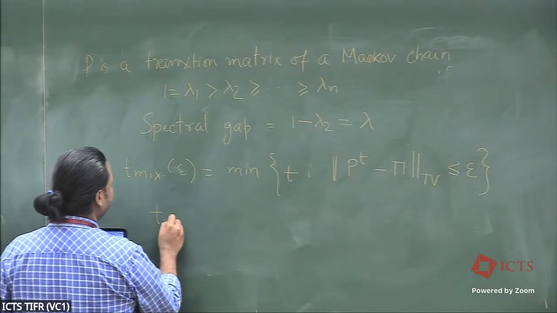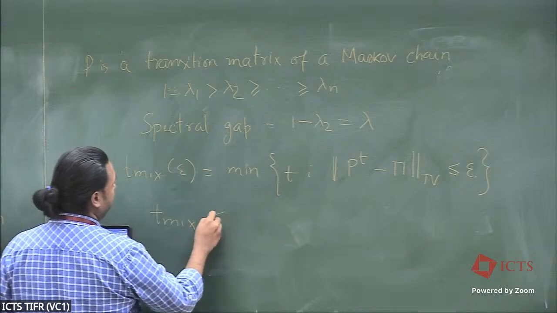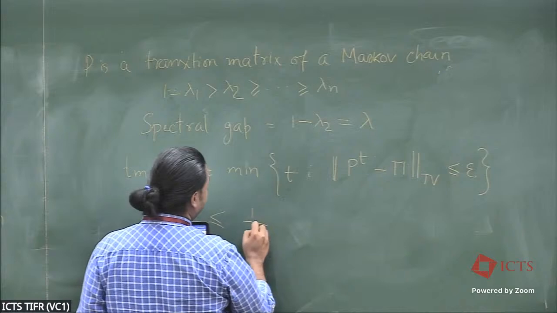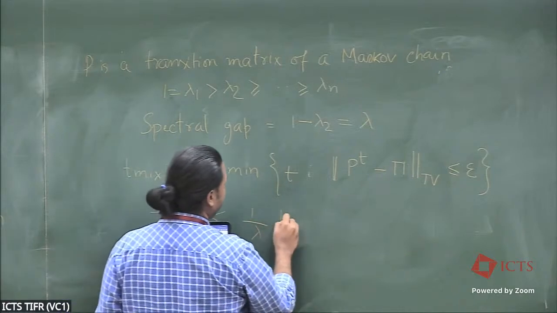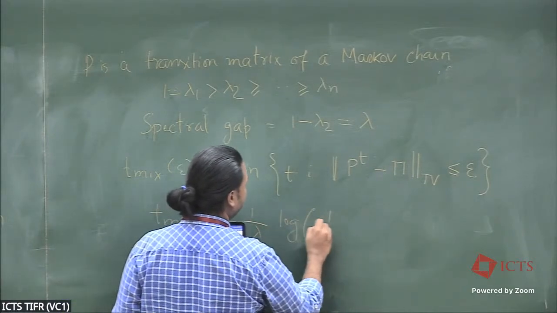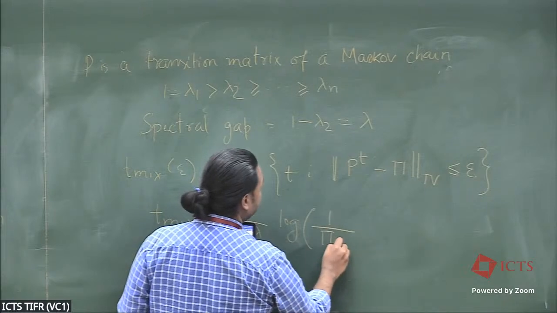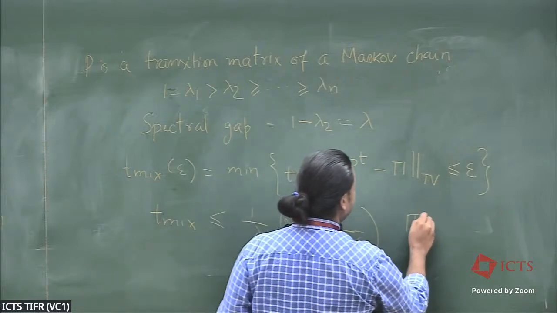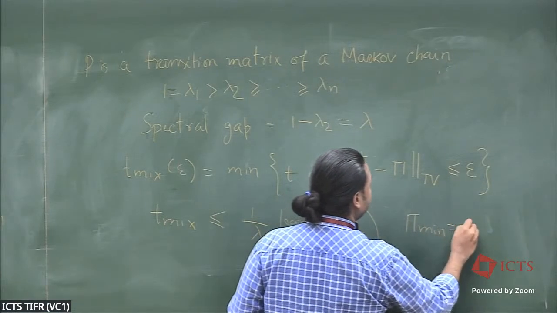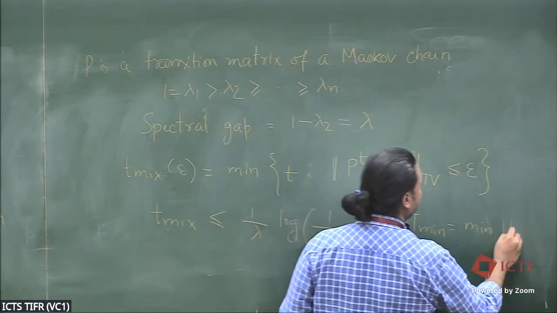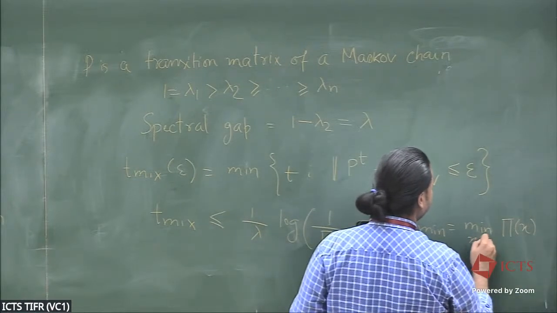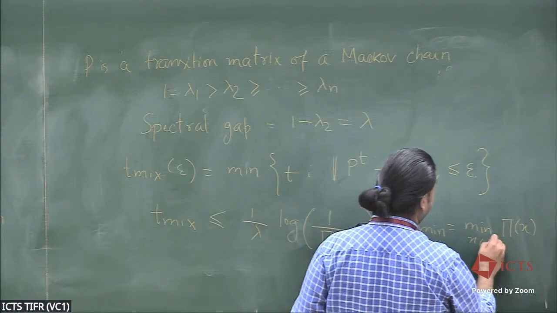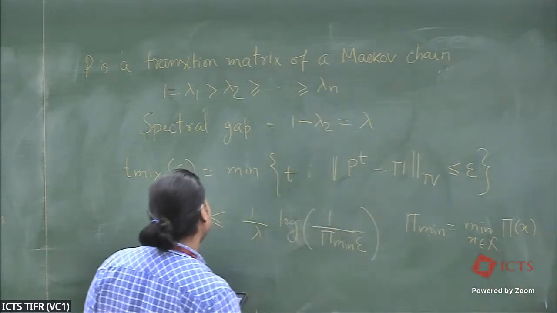Then t mix is upper bounded by 1 by the spectral gap times log of 1 by pi minimum epsilon, where pi min is the minimum of pi over x in the state space.